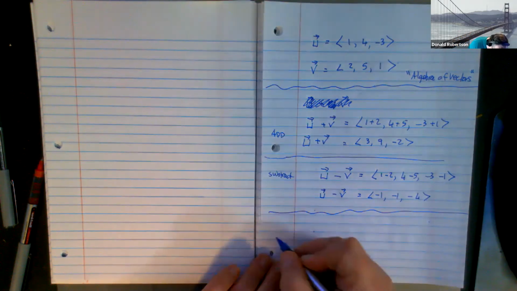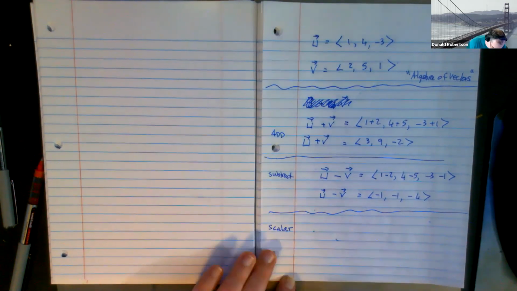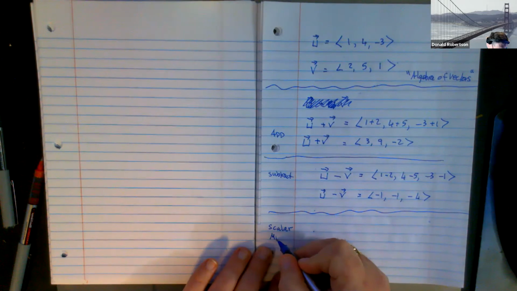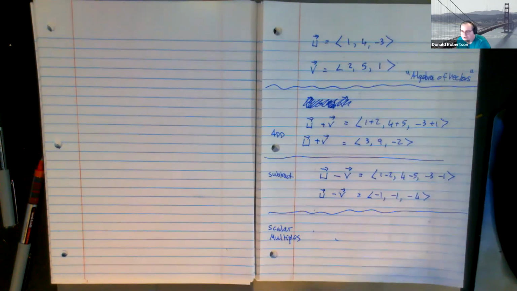Now, I'm going to introduce the word scalar. And we're going to look at scalar multiples. And that is, you take a vector and you multiply it by a number like 2 or 3.